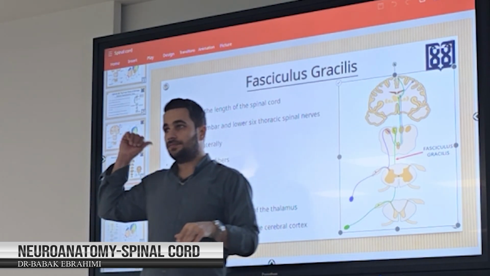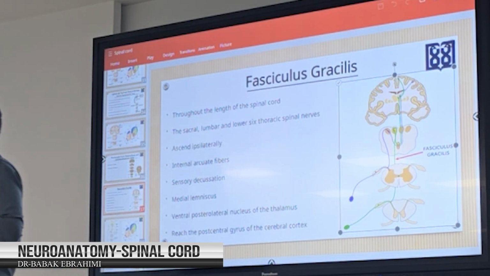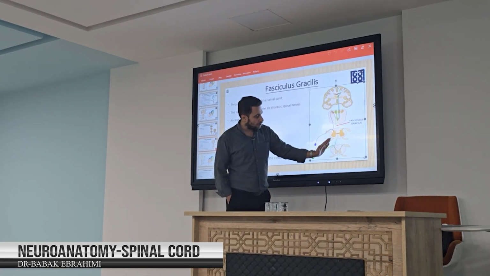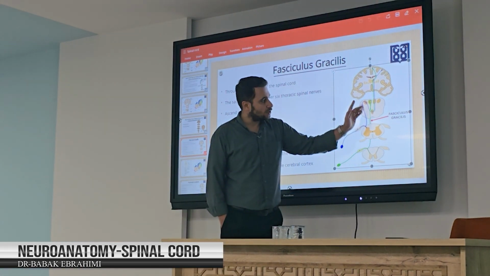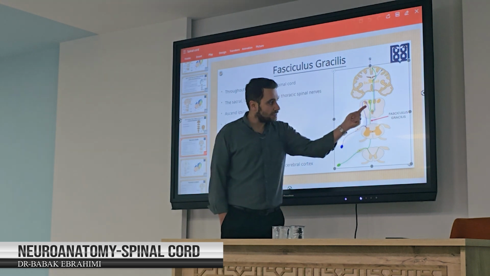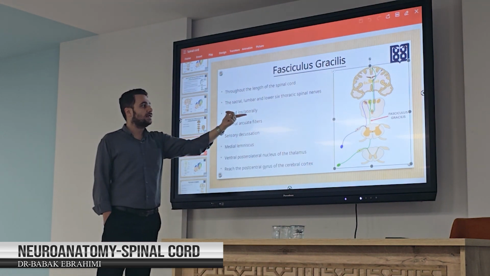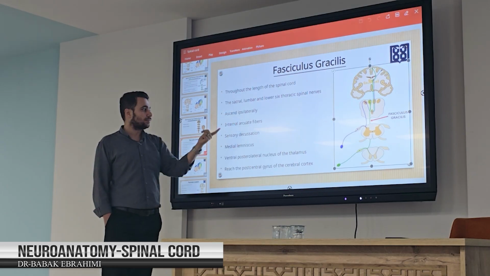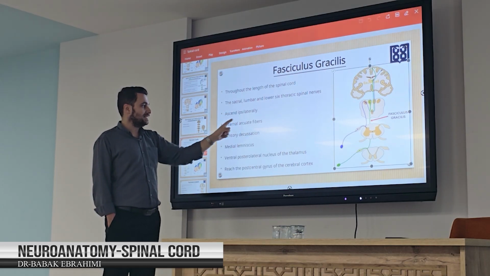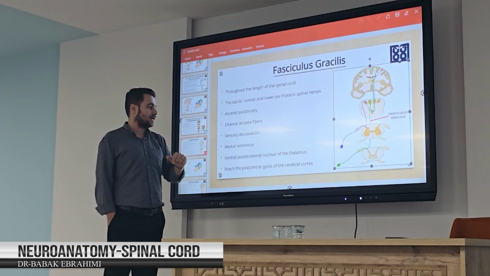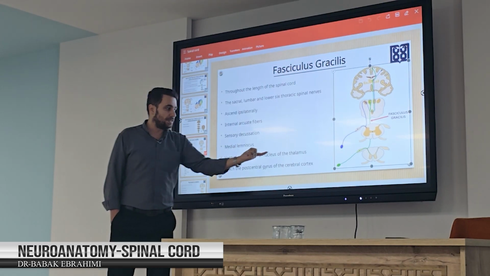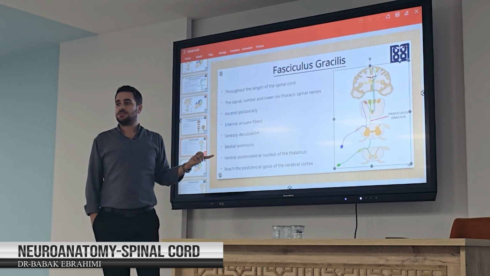So the previous ones, spinothalamic tracts, come to the spinal cord, at the same side, go upward to the medulla oblongata, then cross and go upward. So you are looking, they ascend ipsilaterally, and I will tell you about internal arcuate fibers and sensory decussation, and it goes to the VPL nucleus of the thalamus.